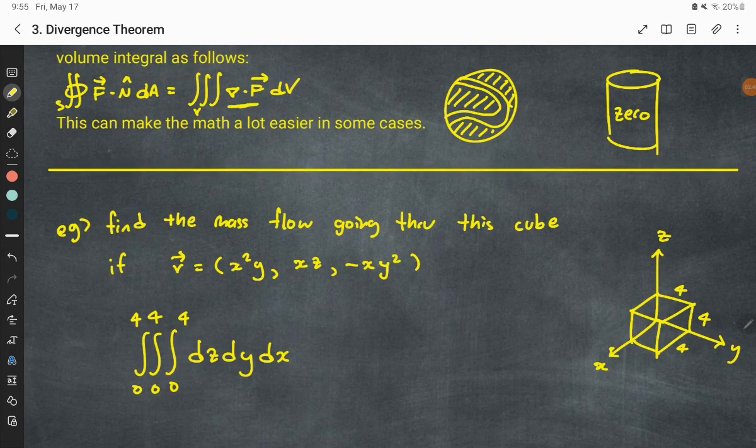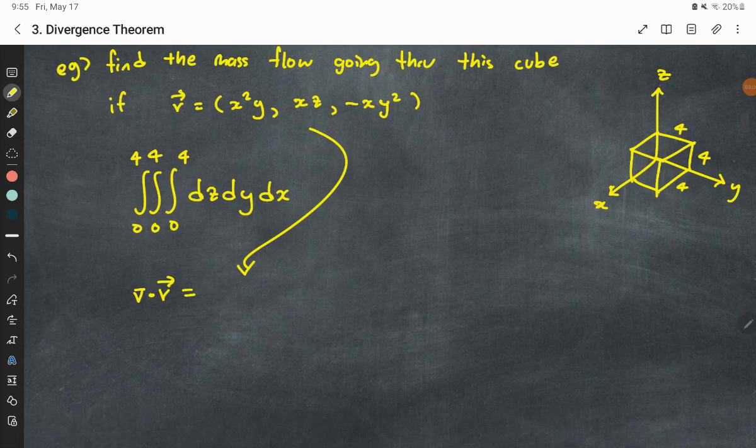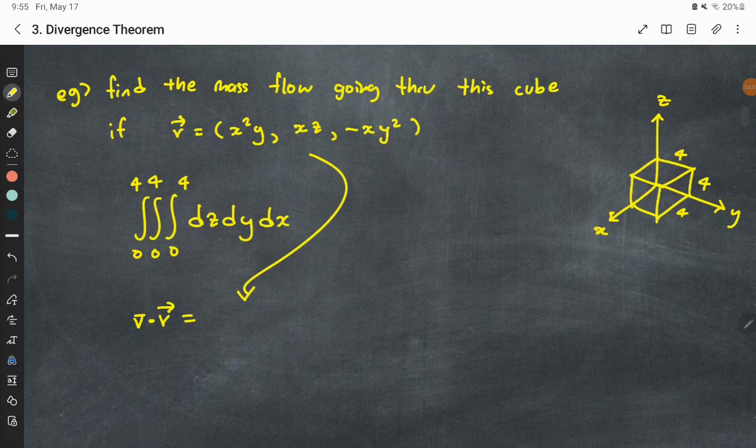But there's a divergence term in the middle, so let's solve for that first. Let's find the divergence of this vector field. As you all remember, it's the x component of the vector field differentiated with respect to x, plus the second component differentiated with respect to y.